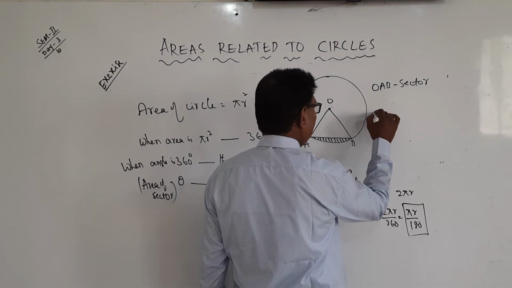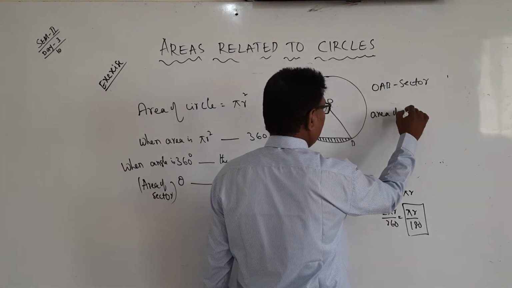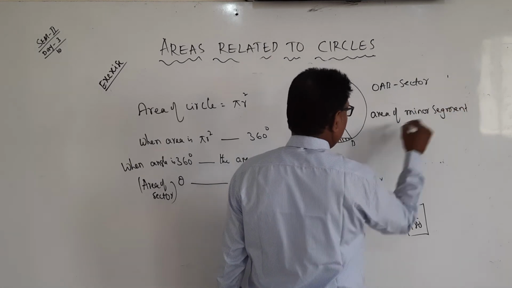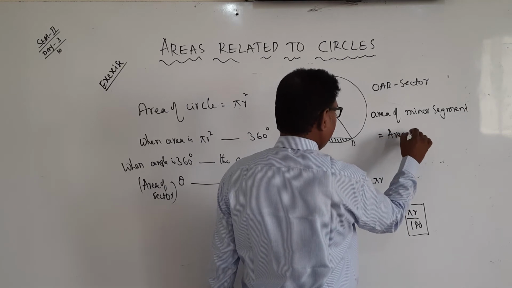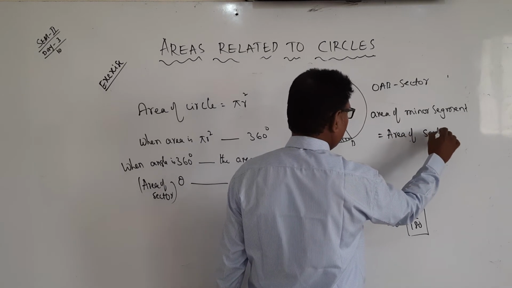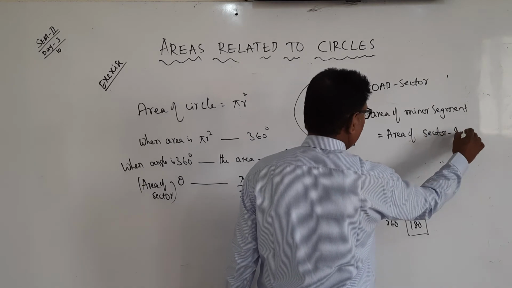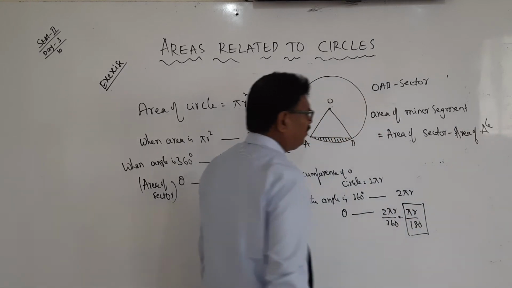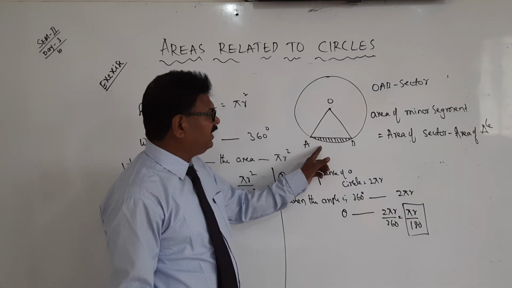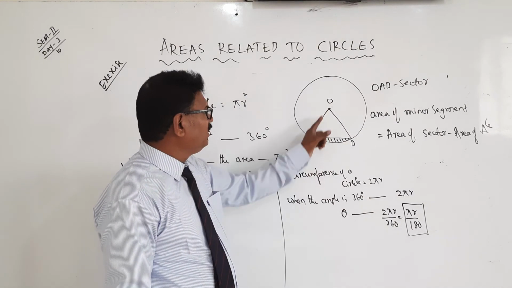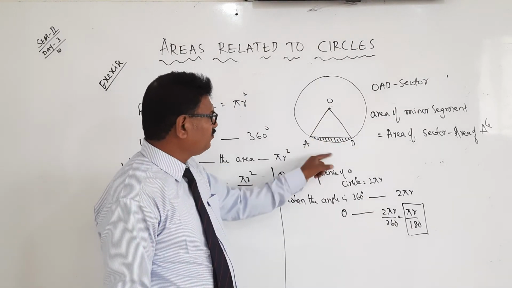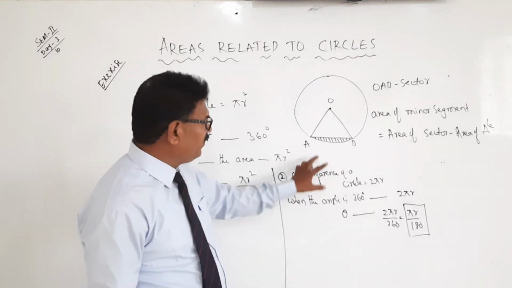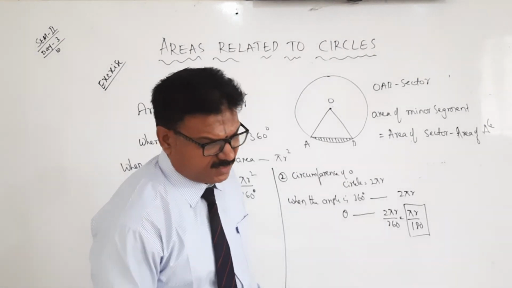So area of minor segment is equal to area of sector minus area of triangle. Okay? So this shaded region, minor segment, is area of sector minus area of triangle. So we will get this shaded portion region, right?